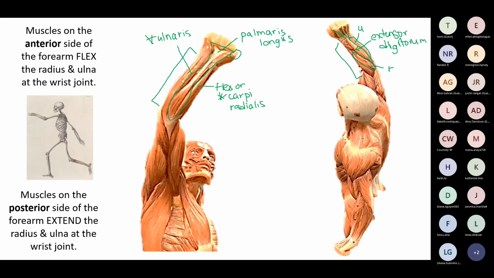Questions a lot like that. You can expect those kinds of questions on the final exam. And then also some questions where we've got the muscle man and there are 5 different muscles that have a letter on them. And we ask you, which one of these is palmaris longus? Which one of these is extensor digitorum? So we need to be able to identify the muscles. If you can identify them, you can use their location to tell you what their actions are.